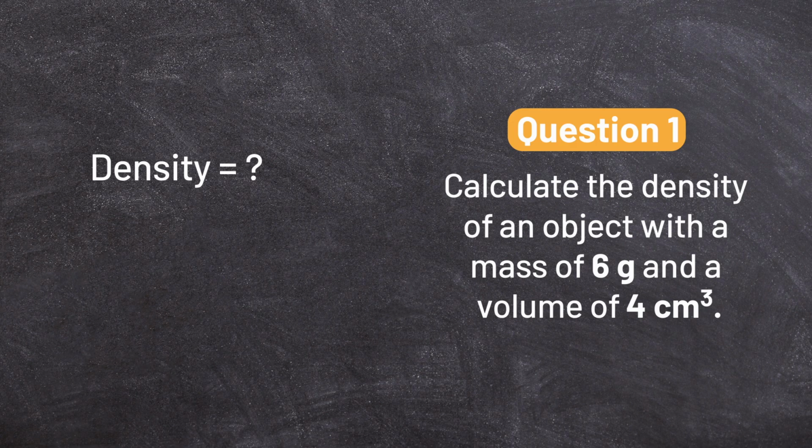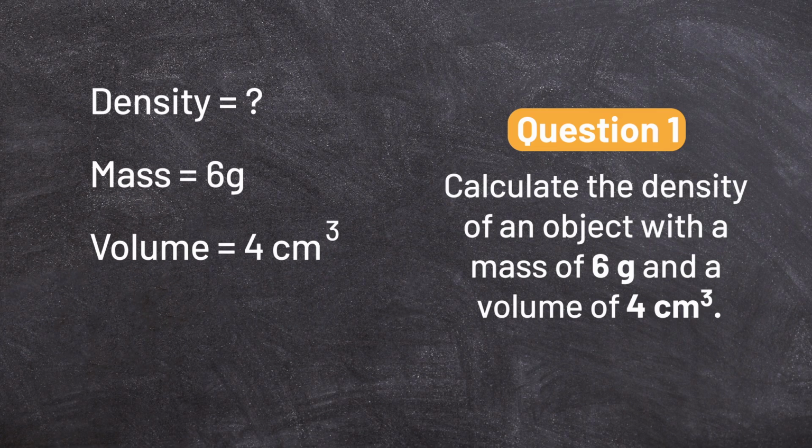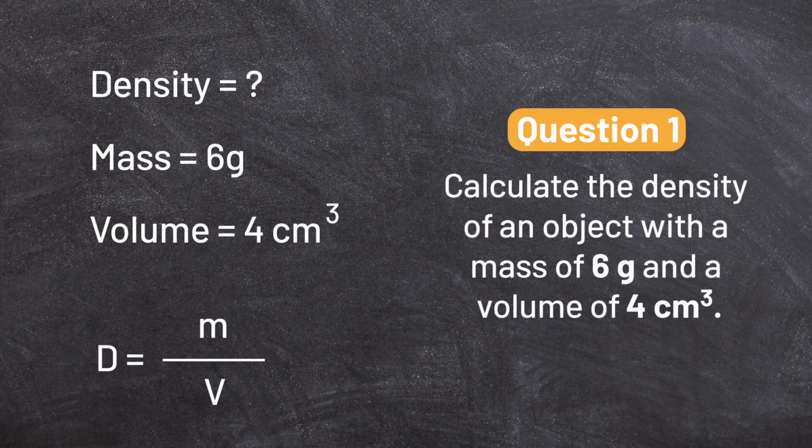What we have is the 6 gram, which represents the mass. We also have the 4 cubic centimeters, which basically represents the volume. Now, if you look at the equation, density is equal to the mass divided by the volume. So we have to now substitute this into the equation.